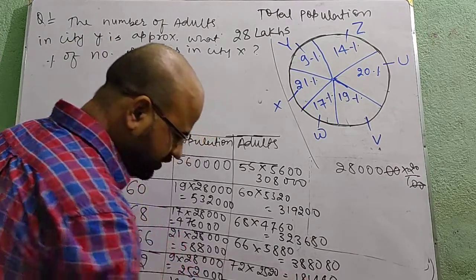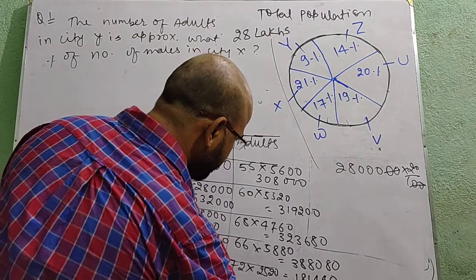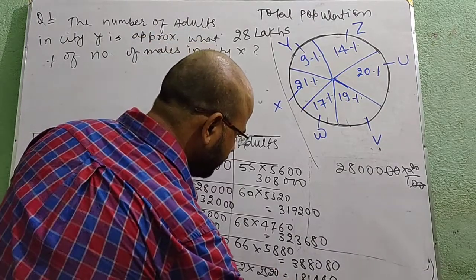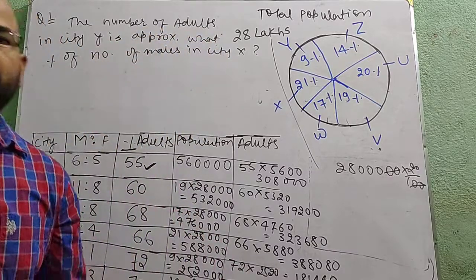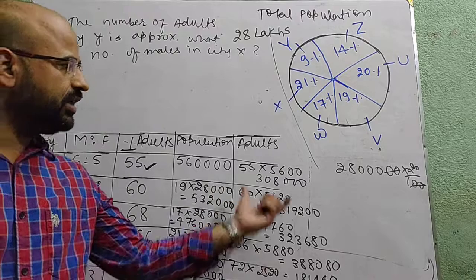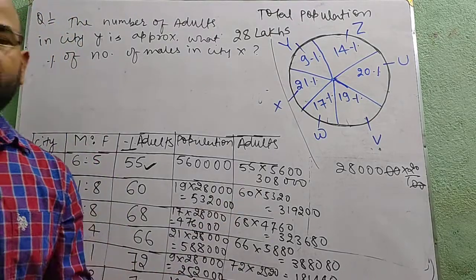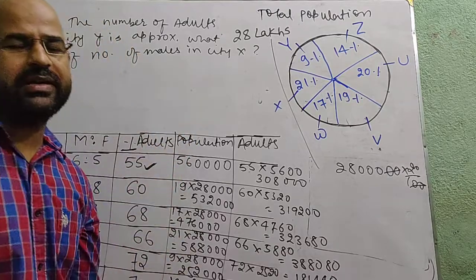You will get the adult population 274400. Now I have calculated the populations of the different cities and also the adult populations. Now we will solve the questions one by one, and this is very easy if you have calculated the data.